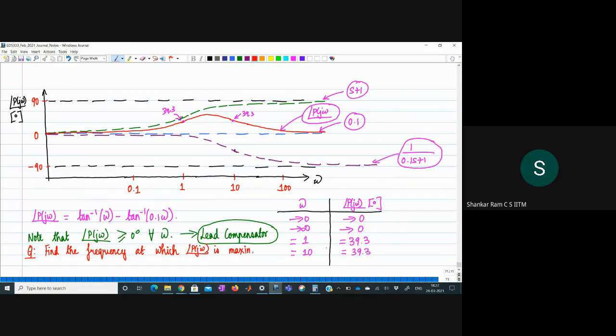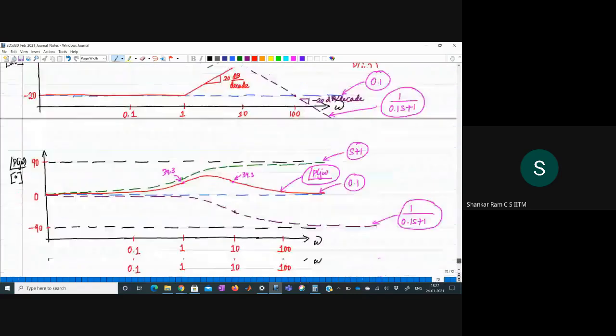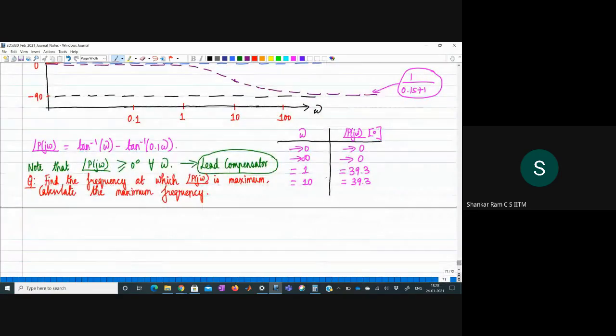Okay, that's point number one. Okay, and calculate the maximum phase. Okay, once you find the frequency at which P of j omega is maximum, you also calculate the value of this phase. All right, so that's something which I'm leaving you as an exercise. So what you need to do is look at this expression, right, and then work with that.